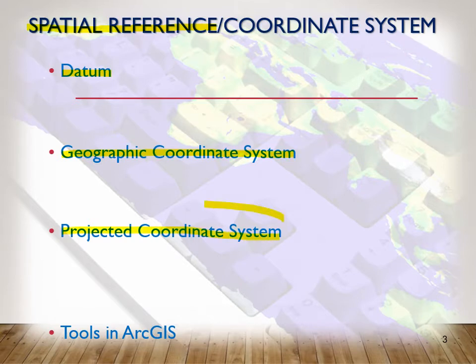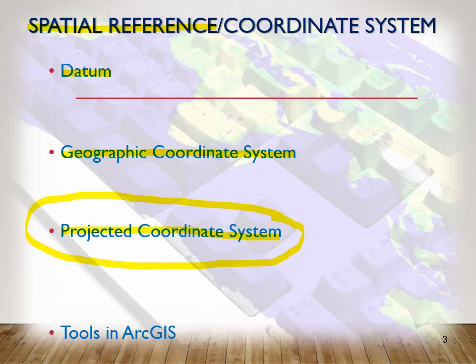Now, if you have a projected coordinate system, that means you must have a datum and a geographic coordinate system in addition. But if you just have a geographic coordinate system, you don't necessarily have a projected system, but you always have a datum. And then we're going to look into tools behind some of these coordinate systems in ArcGIS.